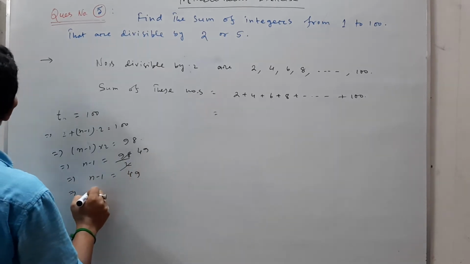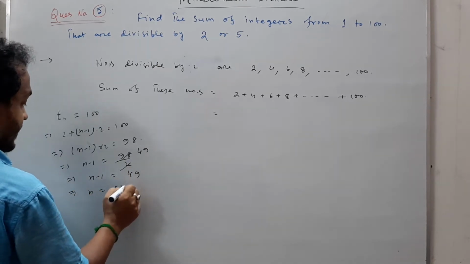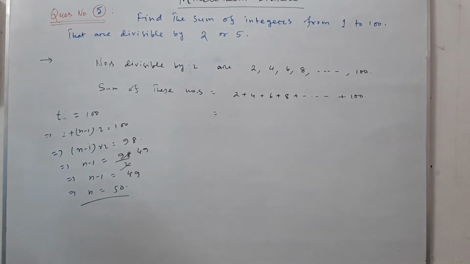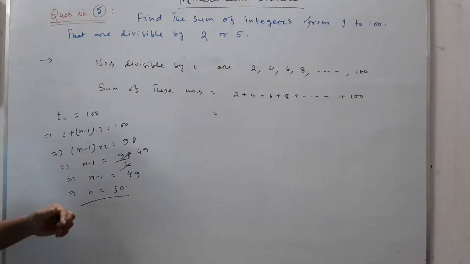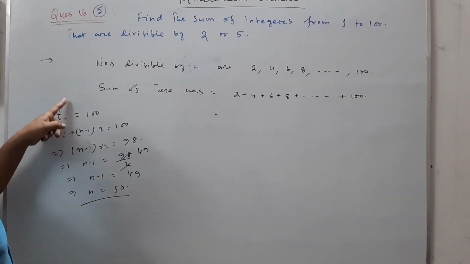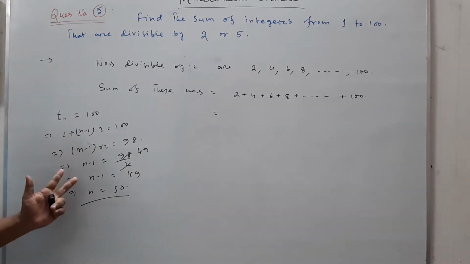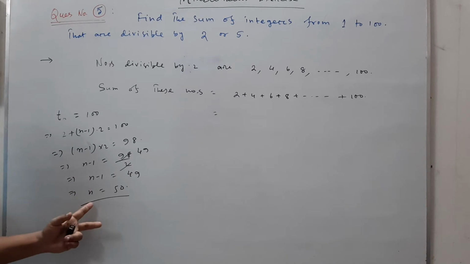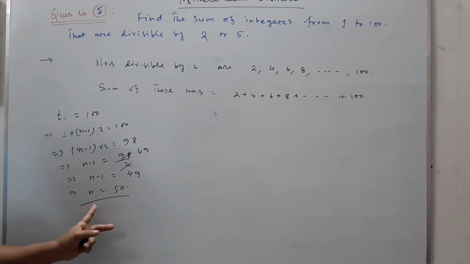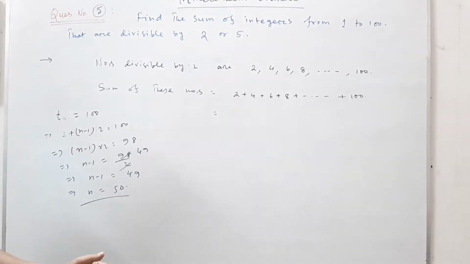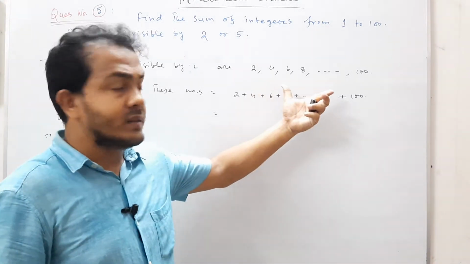That is n is equal to 50. That means we consider that there are n terms in this series, so the nth term is equal to 100, and from this equation we solve for n and get n equal to 50. That is, we have 50 terms in this series.